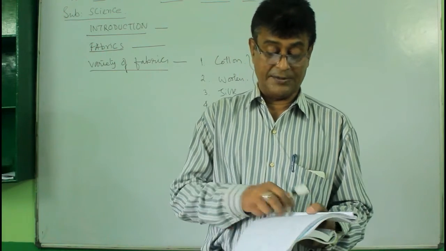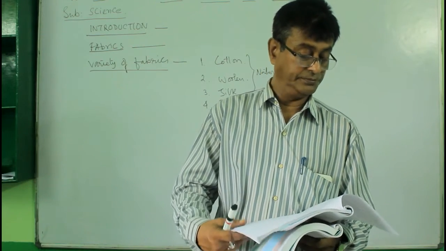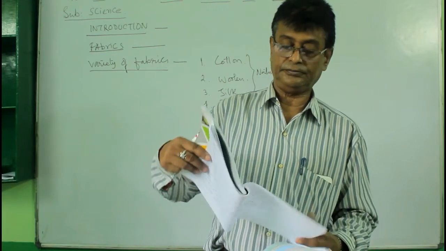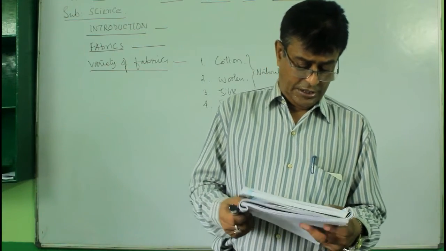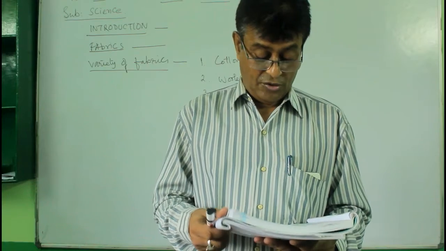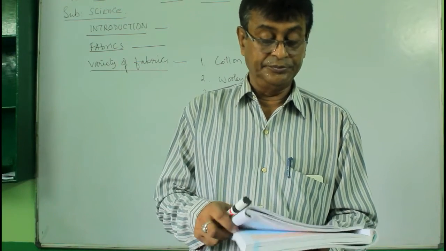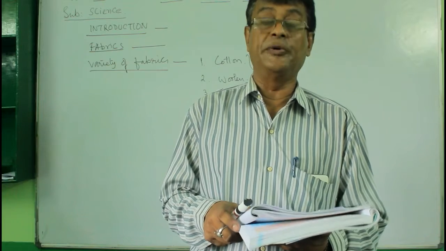Well, we'll come to multiple choice question, which is known as MCQ. The MCQ question number 31, where the answer will be nylon. Question number 32, your answer will be yarn.